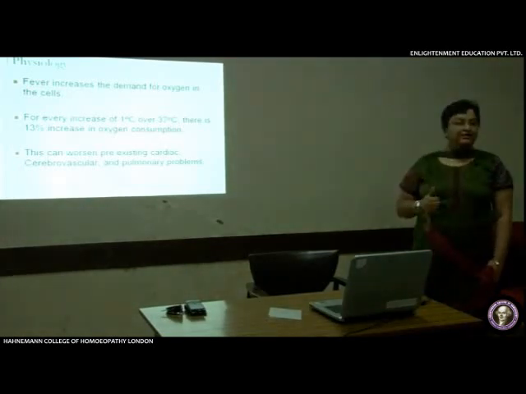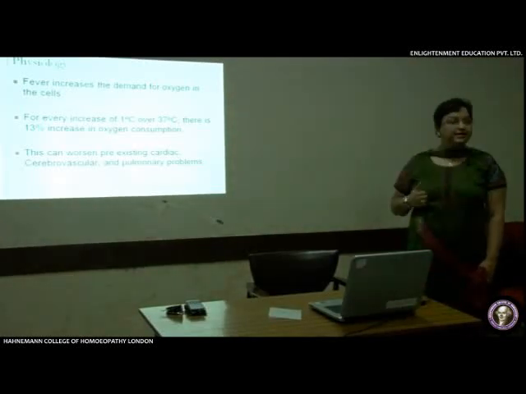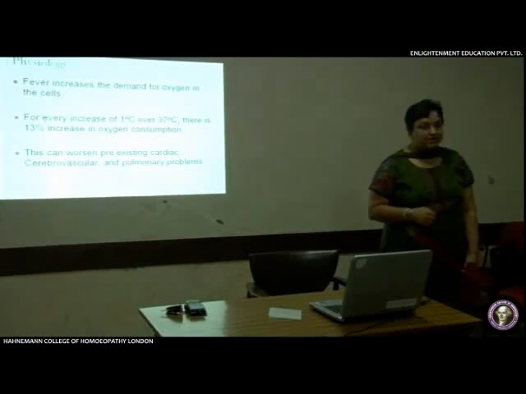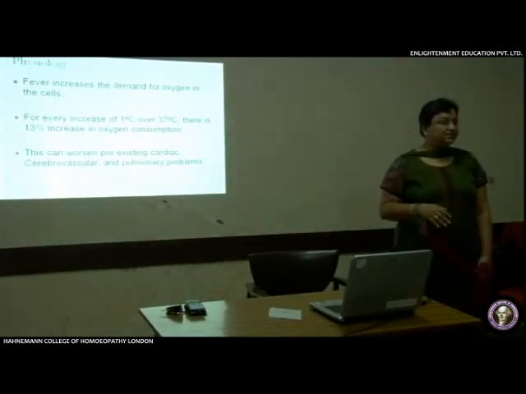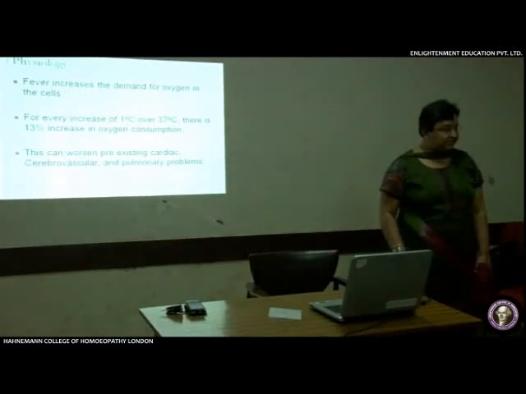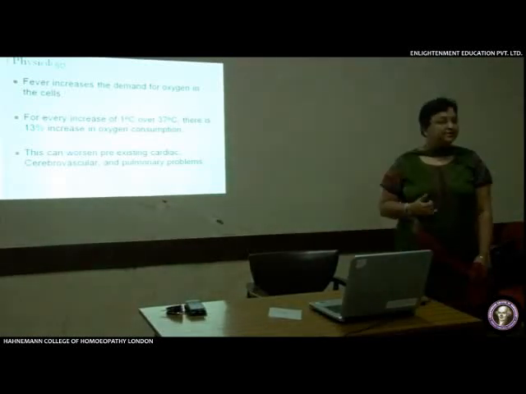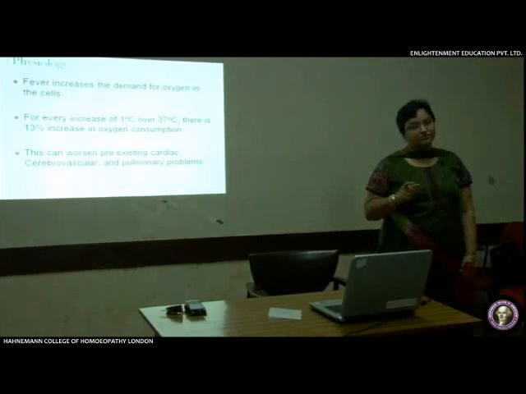So fever increases the demand of oxygen in the cells. For every 1 degree rise over the normal variation, that is normal 37 degrees, there is a 13% increase in oxygen requirement. All these facts and figures are from Harrison's Textbook of Internal Medicine. These are globally accepted facts and figures. A 13% increase in oxygen requirement because of fever, just a 1 degree rise of temperature.